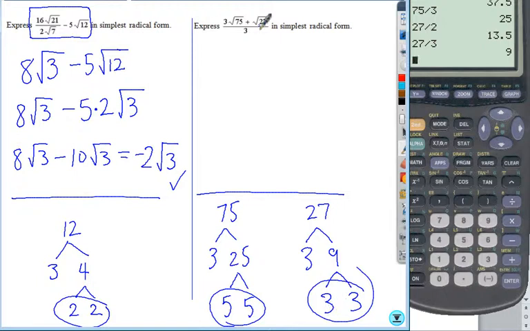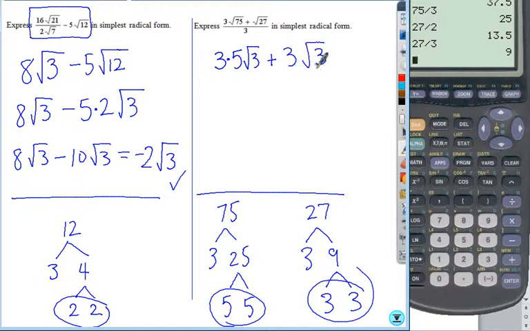Okay? So a 5 is going to come out of this radical, and a 3 is going to come out of this radical. So I'm going to rewrite my answer as 3 times 5, and what's left in the radical is this 3, radical 3, plus, now there's a 3 that gets pulled out of this radical, and a 3 is left inside the radical.